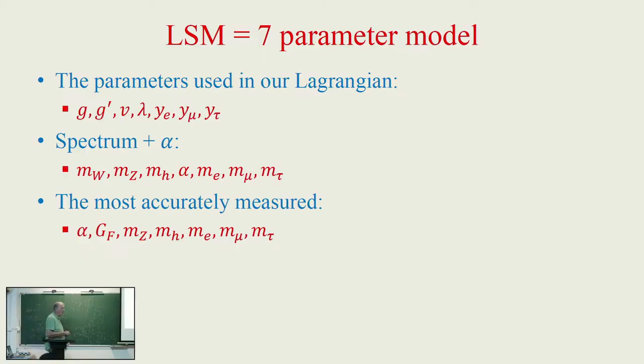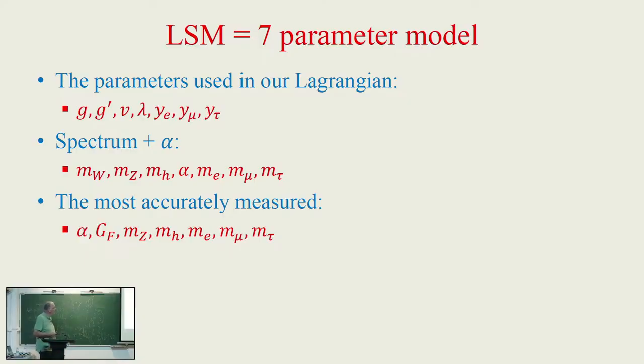These two sets can be exchanged. You measure one, the other set is fixed, and vice versa. And finally, what should be called now the Magnificent 7, the set of the best measured parameters of the leptonic standard model.